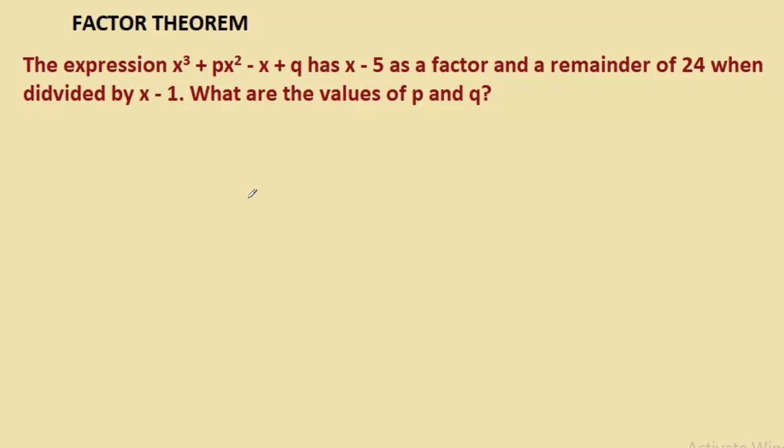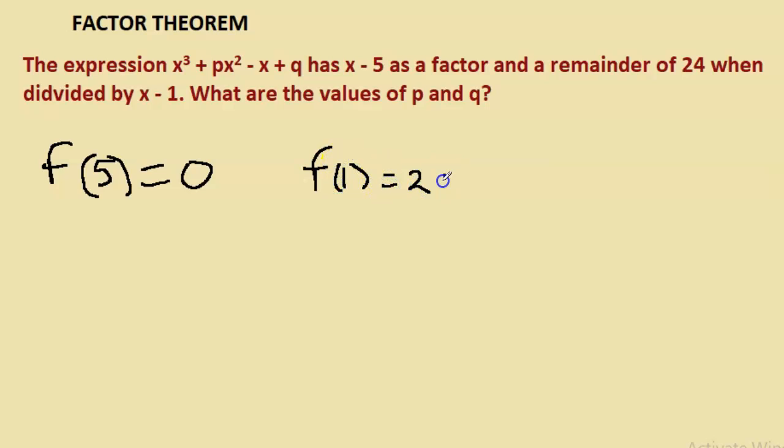Therefore, f of 5 will give you a remainder of 0. And also, we are told that when divided by x minus 1, I have a remainder of 24. So f of 1 is equal to 24.